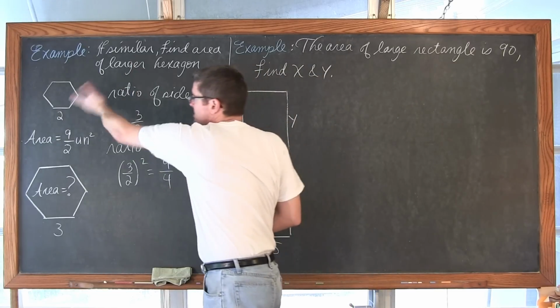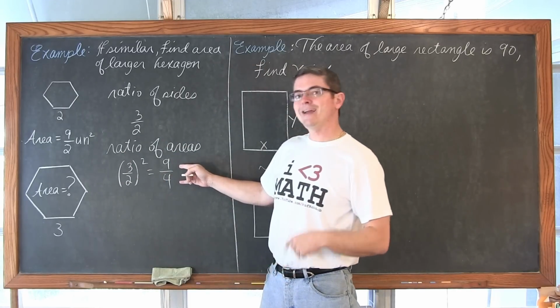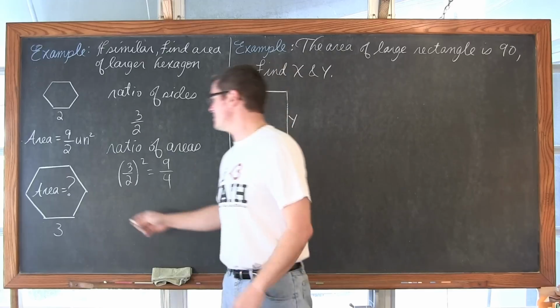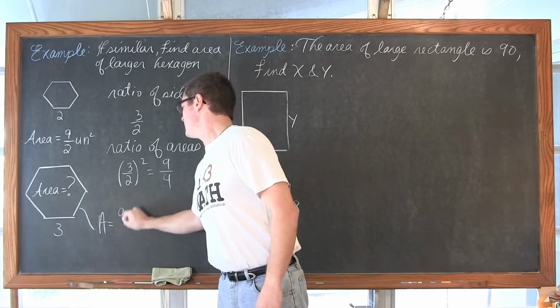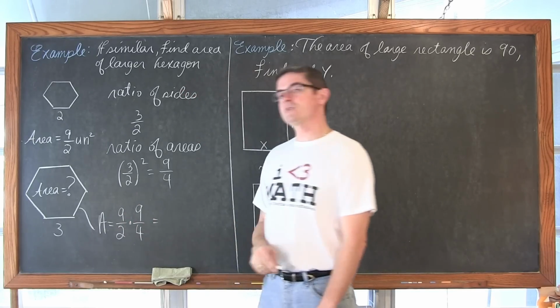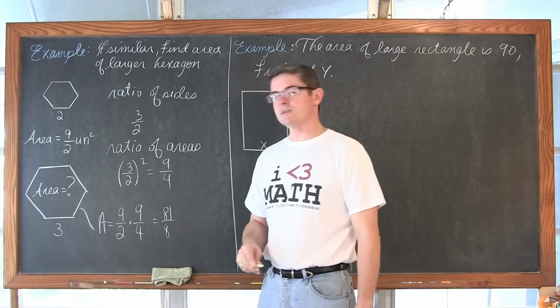So, if I know that this area is equal to 9 over 2, then this area is going to be 9 over 4 times larger. So this area is 9 over 2 times 9 over 4, which is going to be 81 over 8.